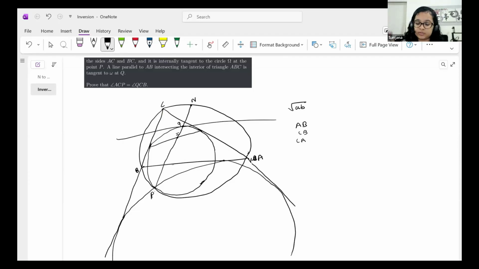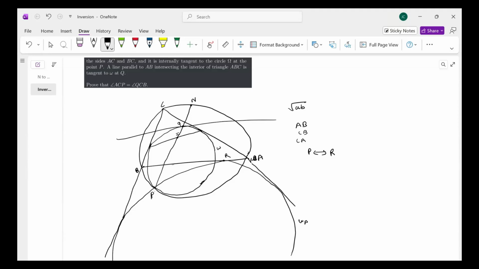So you have some point here. Let's call it R. So P and R swap under root AB inversion. Does everyone see why? Because omega is tangent to the circumcircle, which will go to line BA. So why should omega go to the X circle?